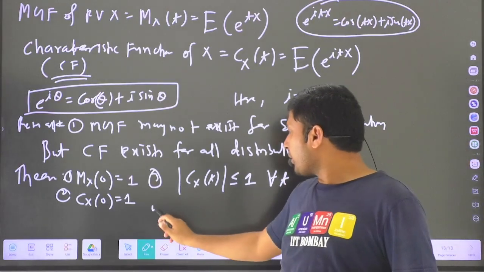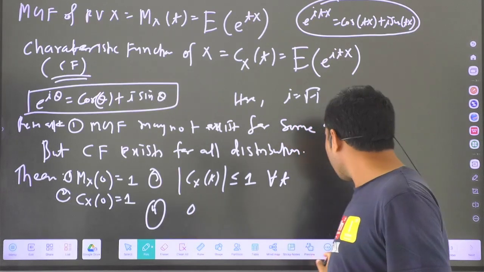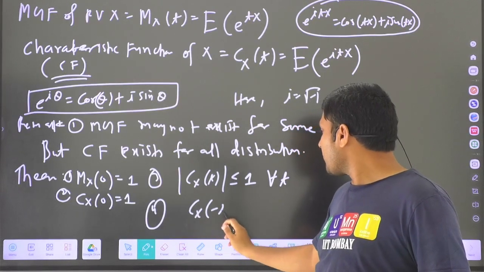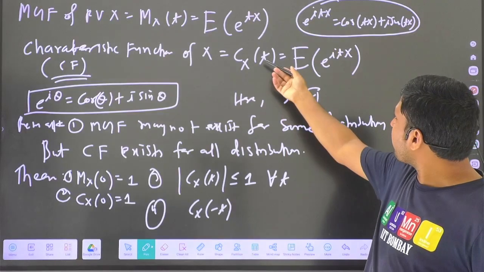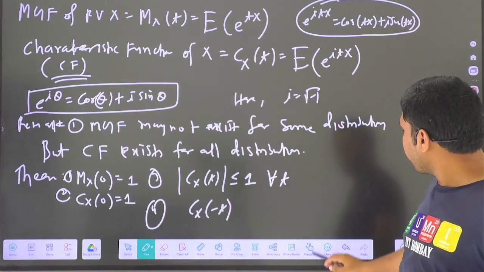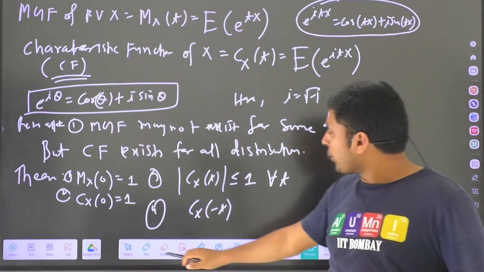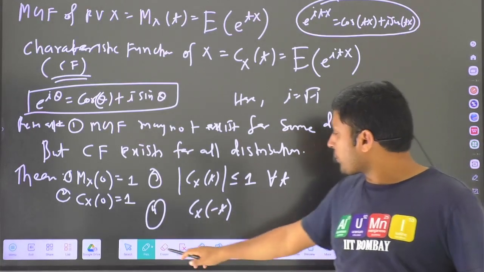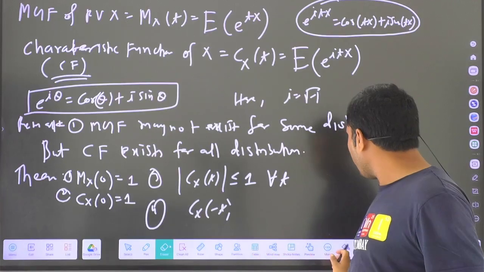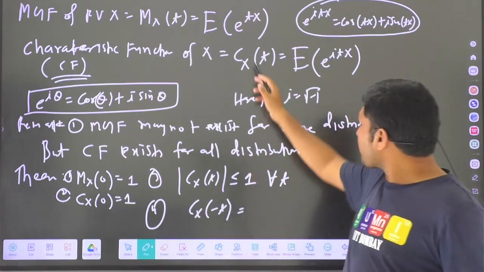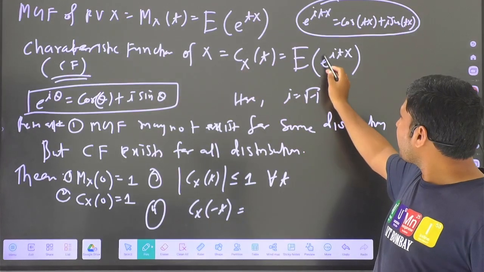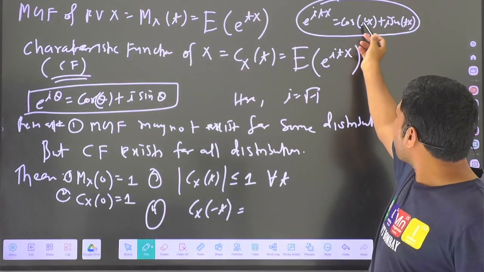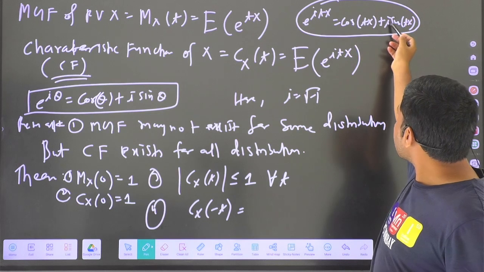Further, what happens if we define C_X(-t)? Just replace t by minus t. It will be e raised to power minus iota tx, which is cos tx minus iota sine tx.